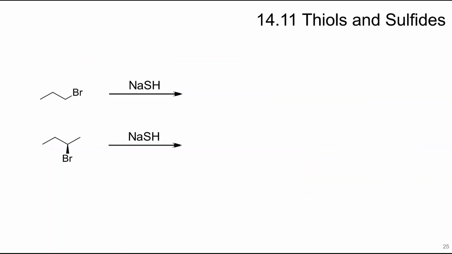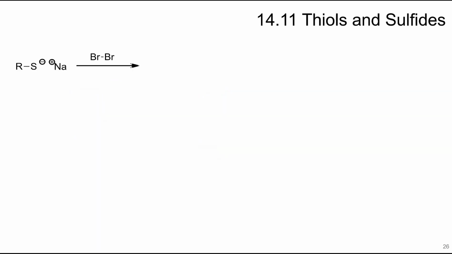If we have this reaction here with sodium thiol with bromide, this is going to do an SN2 reaction. This is our nucleophile, electrophile, SH. Again, nucleophile attacks the electrophile. We're going to invert the stereochemistry there, and we get the SH.